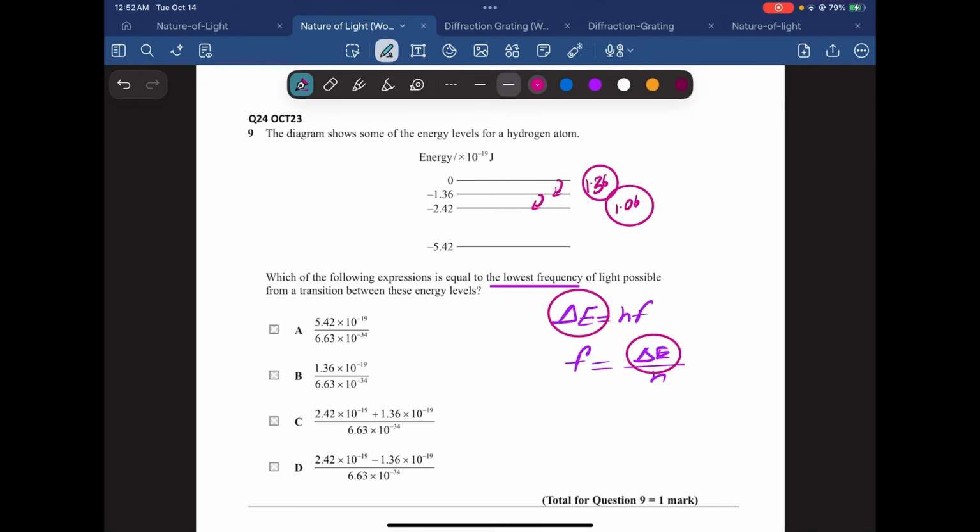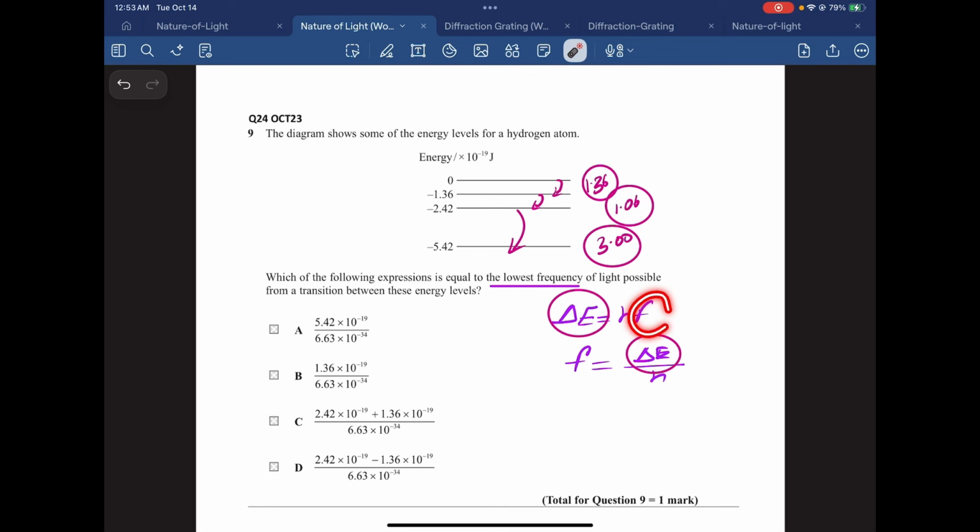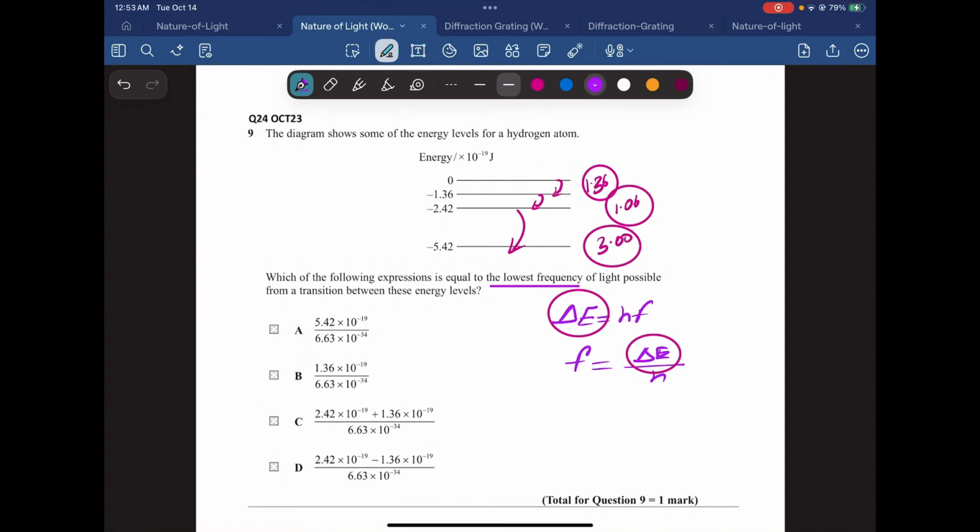In the next part, when it comes from this path to this path, the energy transition is 3, so it is even bigger. As we need the lowest frequency, the energy transition should be the smallest one. So the perfect match will be this one.